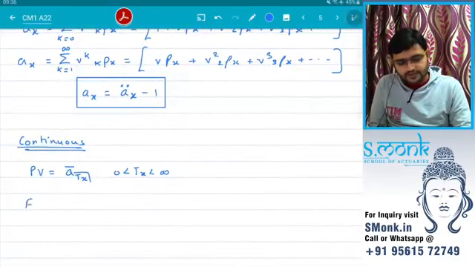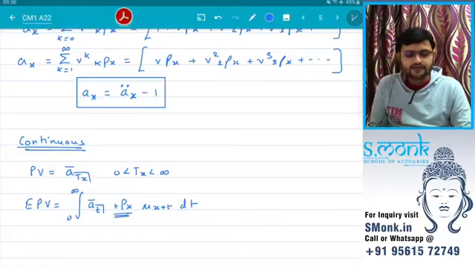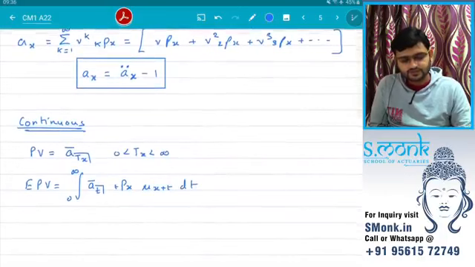So the expected present value will just be integration going from 0 to infinity of a bar t, tpx, mu x plus t, dt. So a person alive till time t and then immediately dying at time t would get this much payment, and we will add all such payments.